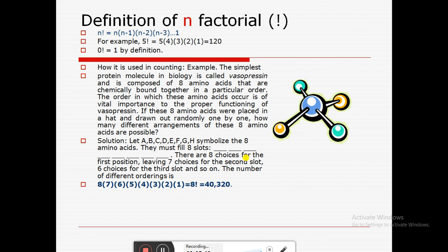That is nothing but 8 factorial. So we can randomly choose the 8 amino acids in 40,320 ways. This is the best example you can get.